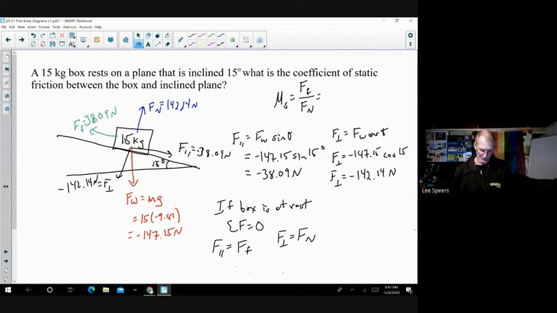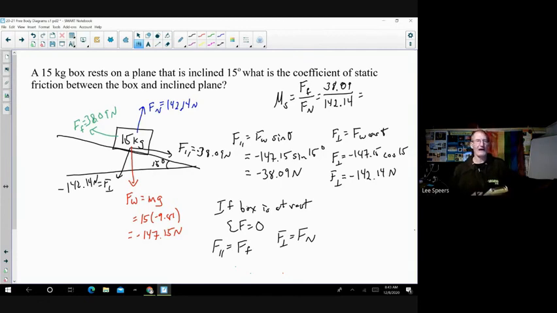The friction force is 38.09 newtons, and the normal force, 142.14 newtons.